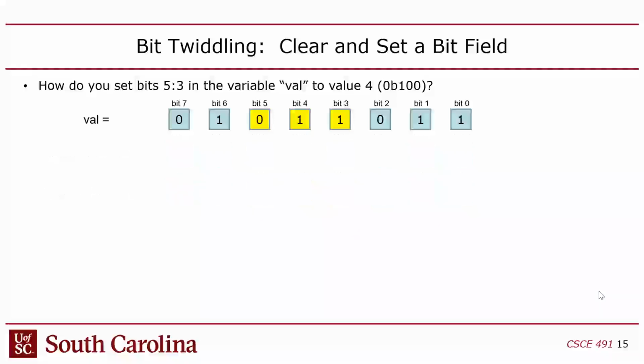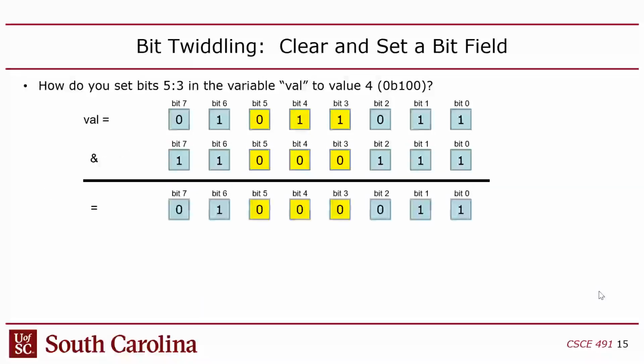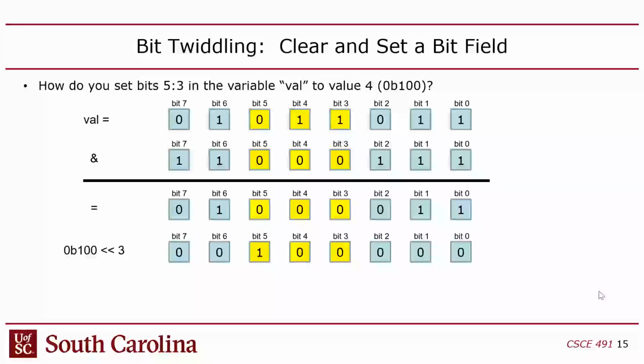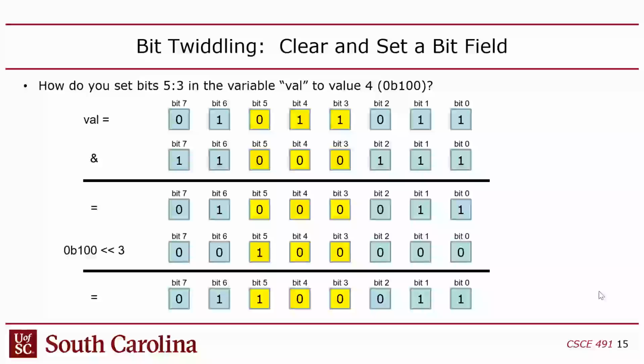Then you AND with that, which clears the original temperature field out. And then you take your new value, which if it's 4, I represented in binary as 0B111. Shift that by 3 to get it into position, and then you do your OR operation to insert the value. So that's pretty awful.